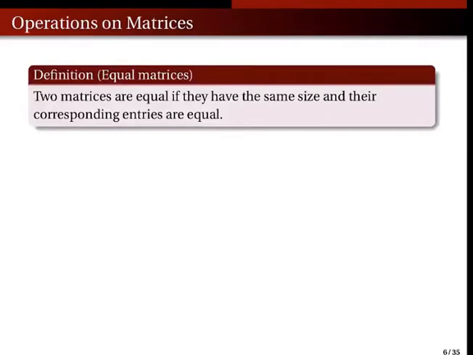Now, let us look at operations on matrices. First, we have this relation. Two matrices are equal if they have the same size and their corresponding entries are equal.